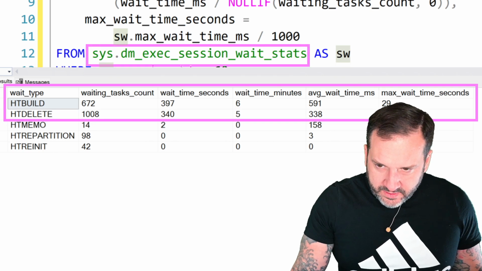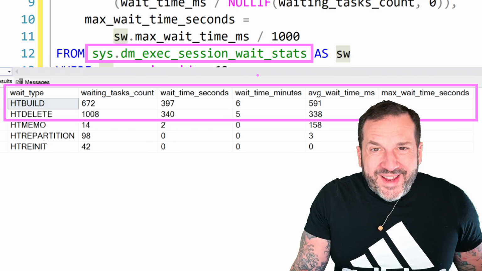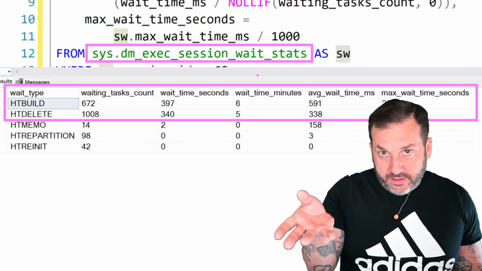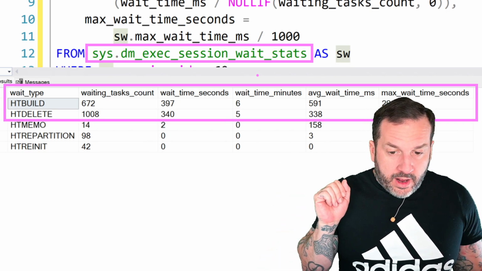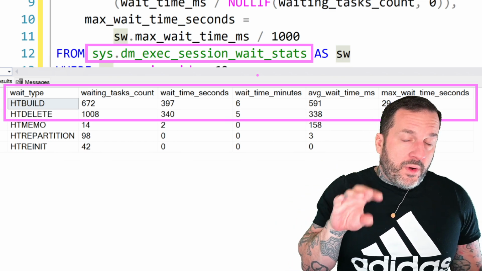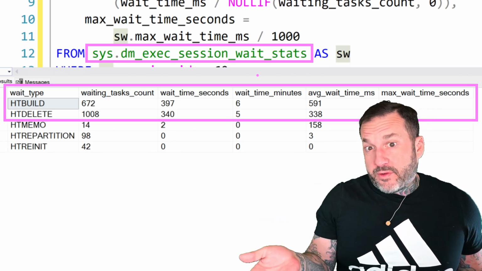So if we just focus on these top 2 waits, I've done some math on a DMV that is available in SQL Server 2016 plus, called dm_exec_session_wait_stats, which holds on to wait stats at the session level for any open session, so you can monitor what's happening for a particular session wait-wise while the query is running and after it's done.